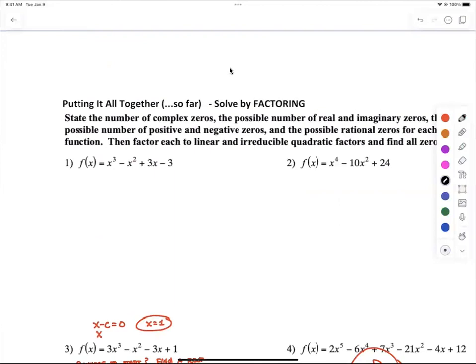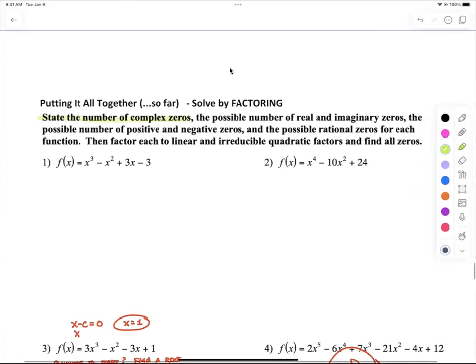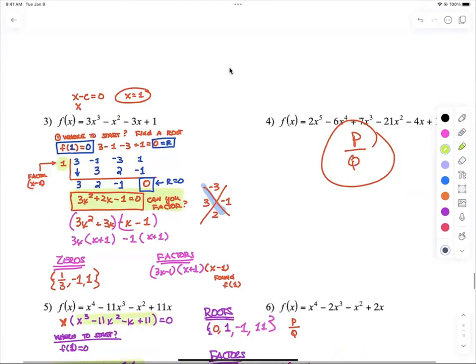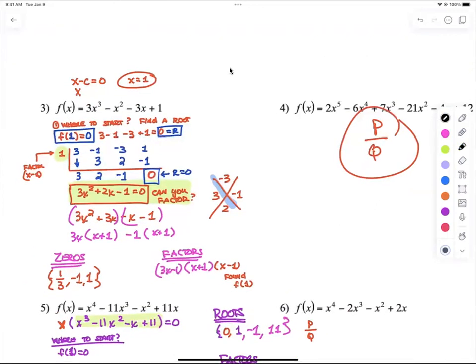This little section right here, pulling it all together, I'll highlight where this skill comes into play. State the number of complex zeros, the possible number of real and imaginary. So that's what we just went through. And it's always interesting at the end when you get your zeros to come back up and check. So here we did this one in class. This would be looking at a degree 3.